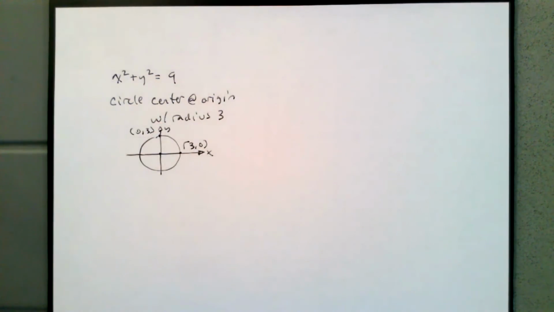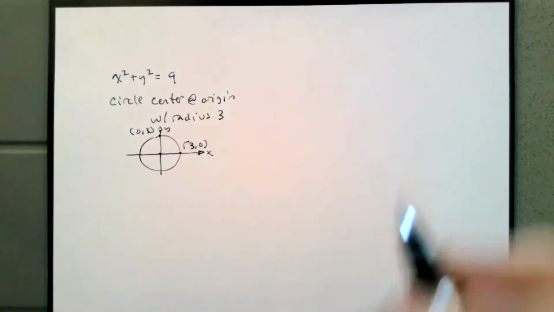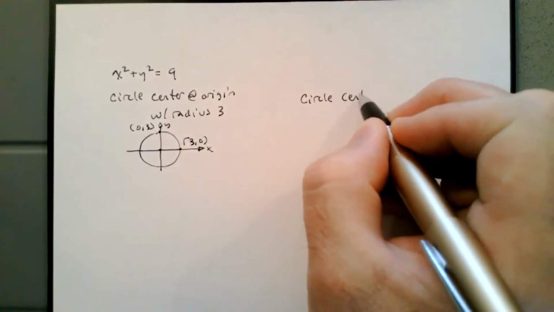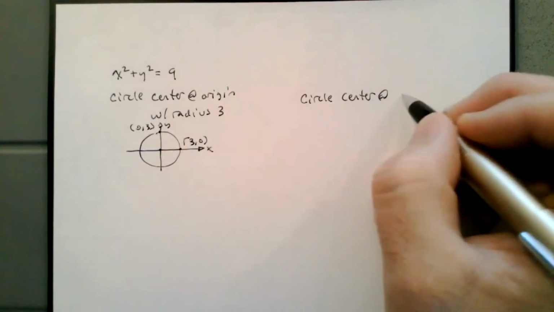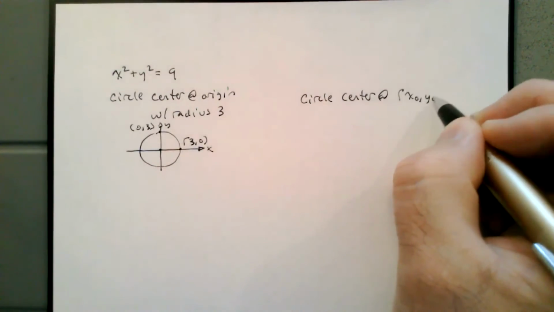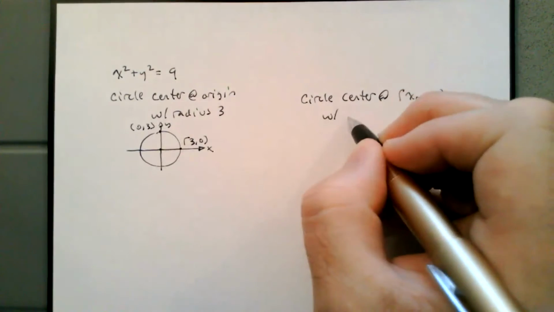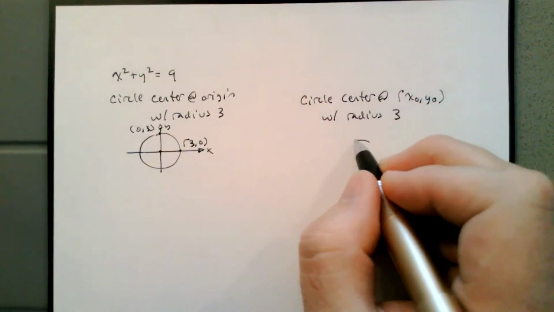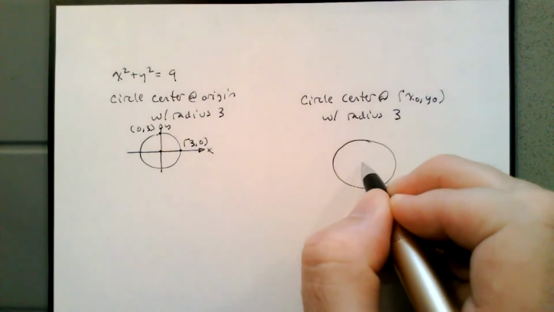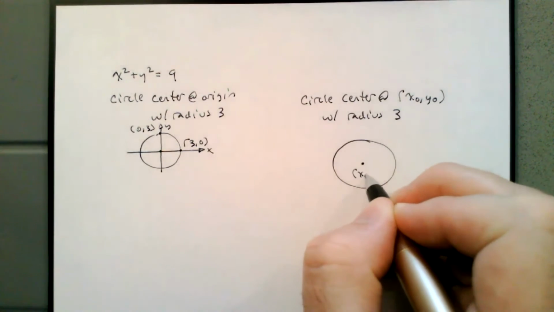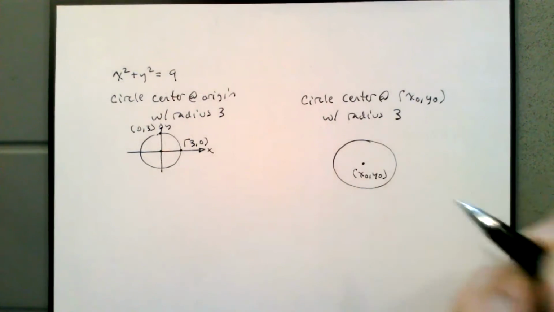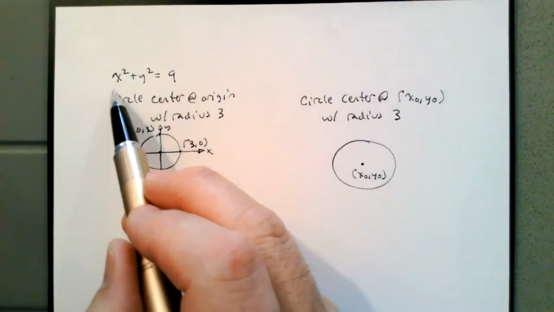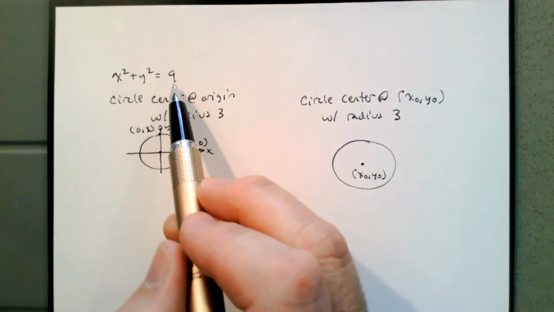If I happen to have a circle where the center is somewhere else, let's say x naught, y naught with a radius of 3, then I still want the same form, x squared plus y squared equals the radius squared.